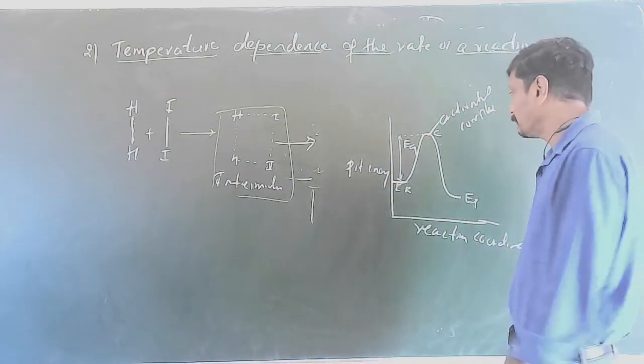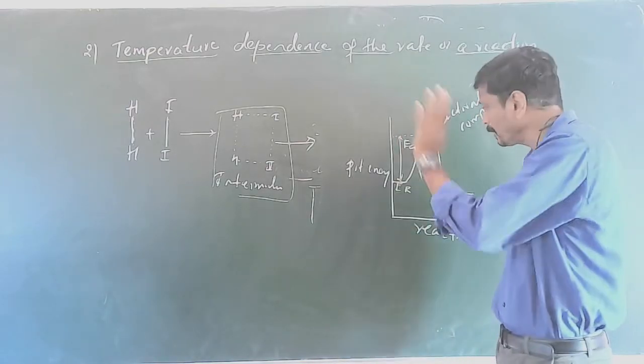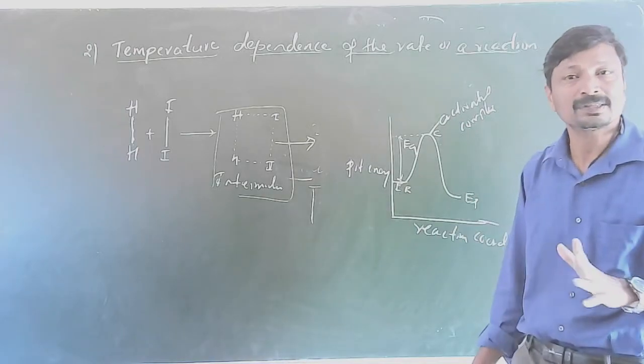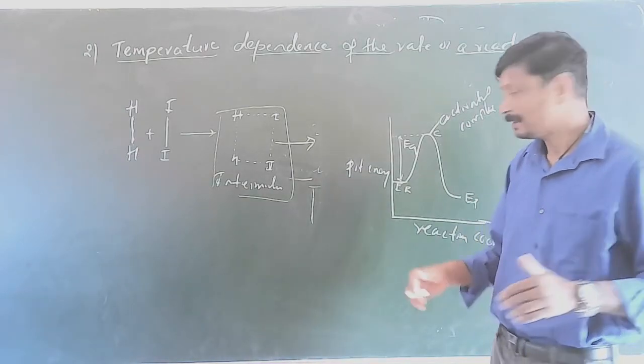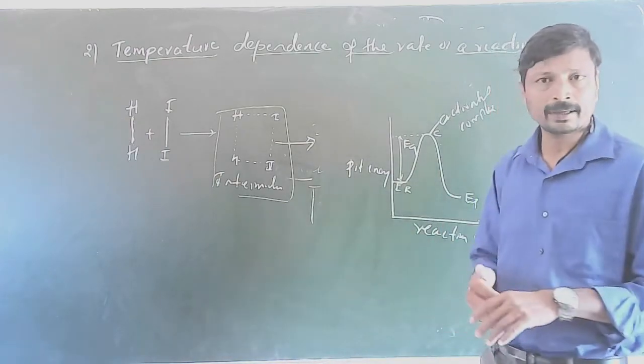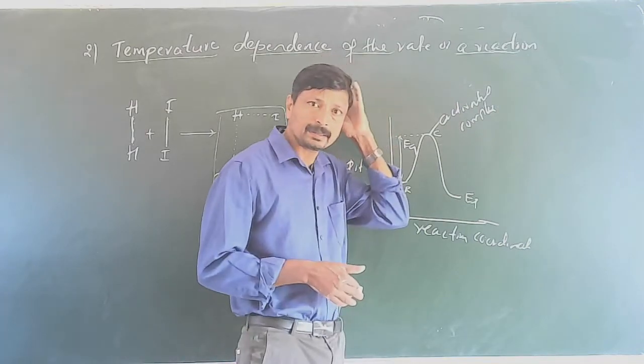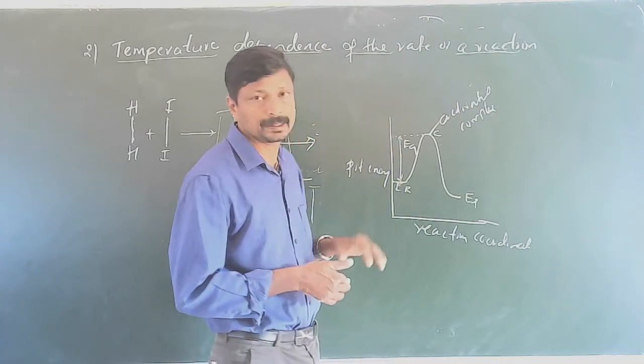After that, it is very short-lived and decomposes to give the product. Energy is released; whatever energy is absorbed, it emits. So this is called the potential energy barrier diagram.